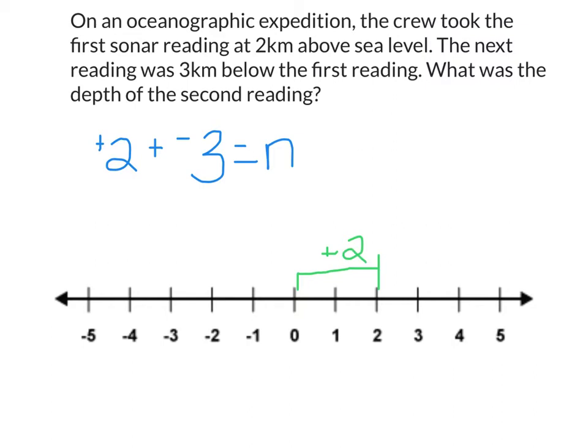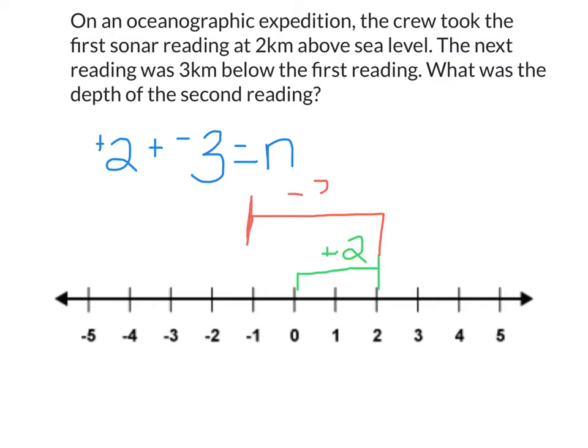Then we have plus a -3. So we're going to start here at this 2 because this is where we've landed when we added 2. And now we have to go back 3. 1, 2, 3. So we're right here.